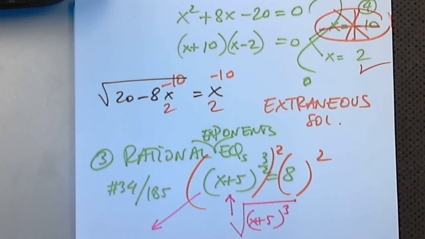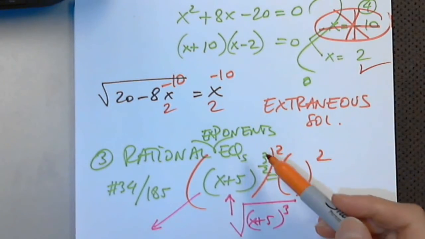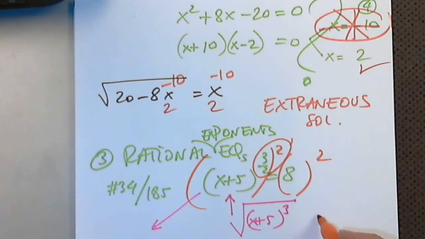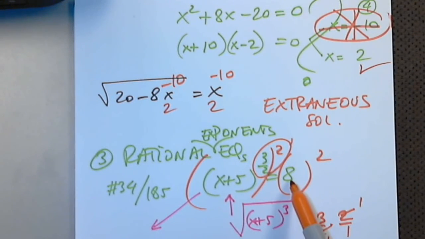So the left-hand side is x plus 5 to which power? 3 over 2 times 2 over 1. We have to multiply the exponents. 3 over 2 times 2 over 1 is 3. The right-hand side is 8 squared, which is very good.